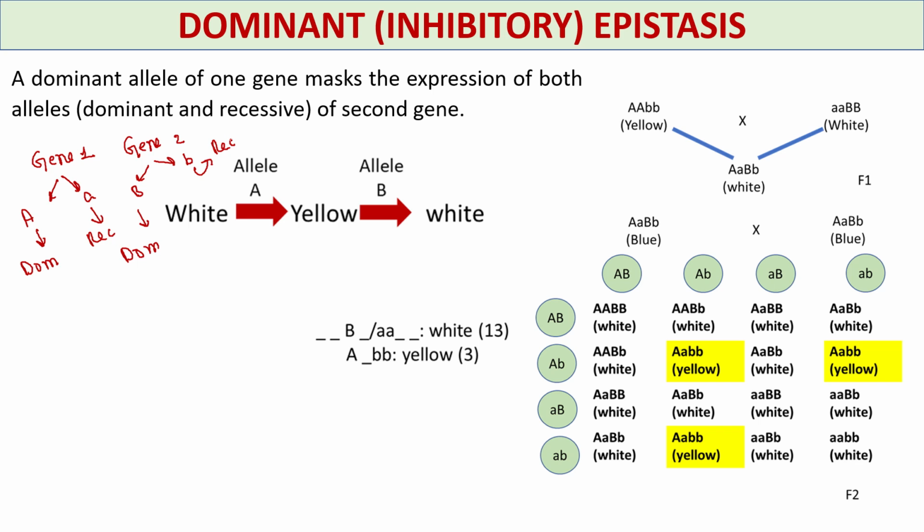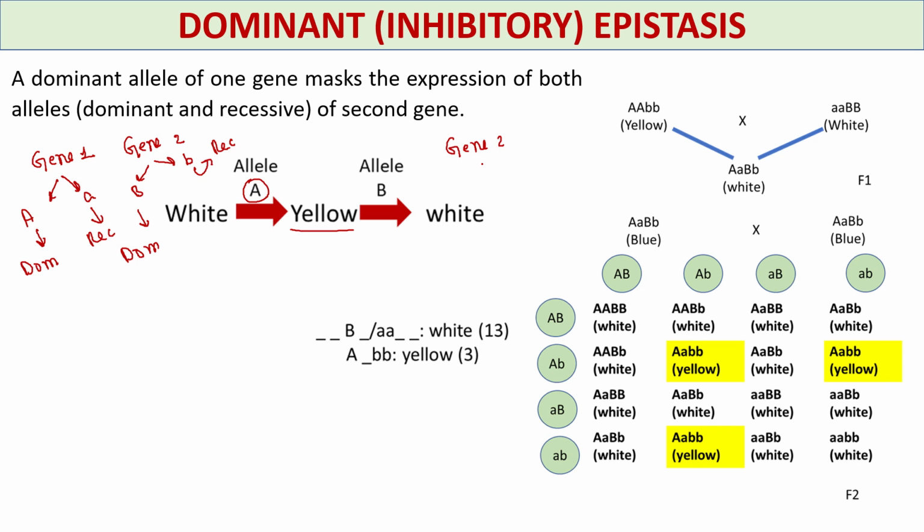The dominant allele of gene 1, that is capital A, is responsible for yellow flower color. Gene 2 does not produce any pigment.